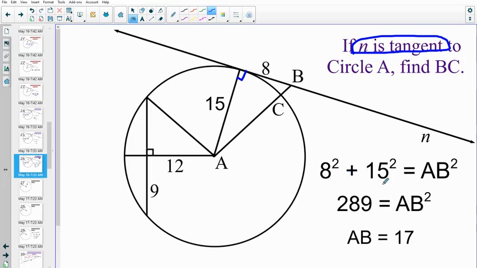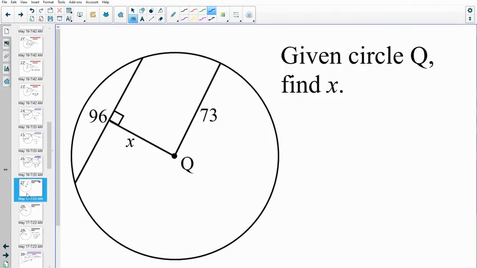And then I take the square root of that to find that AB, all the way from here to there, is 17. But then we also know that AC was 15, and if AC is 15 and AB is 17, then that little difference right there must be 2. 15 plus what equals 17? So BC, the side that I was looking for, is a length of 2.